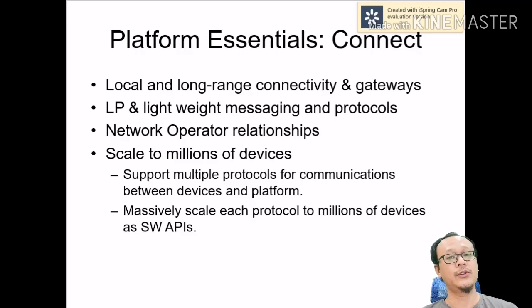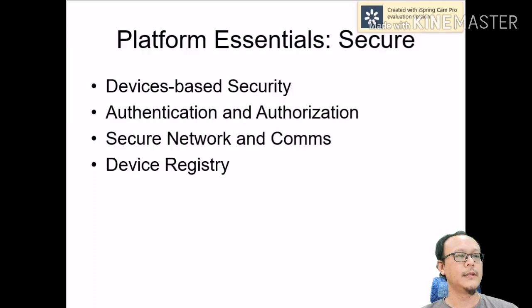So it's also need to support multiple or million devices at one time. So the platform also need to be secure, device-based security, authentication and authorization, secure and outcome, and also device registry. All these need to have in the IoT platform.